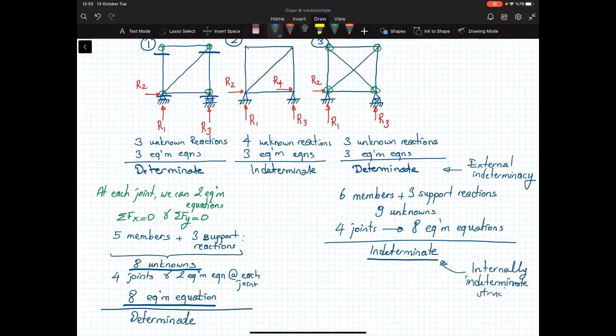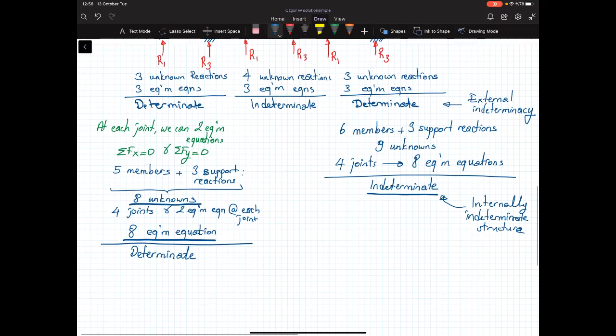Even though I can calculate the support reactions, I cannot calculate all the member forces. In the second case, if I knew the support reactions, I can actually determine all the member forces.